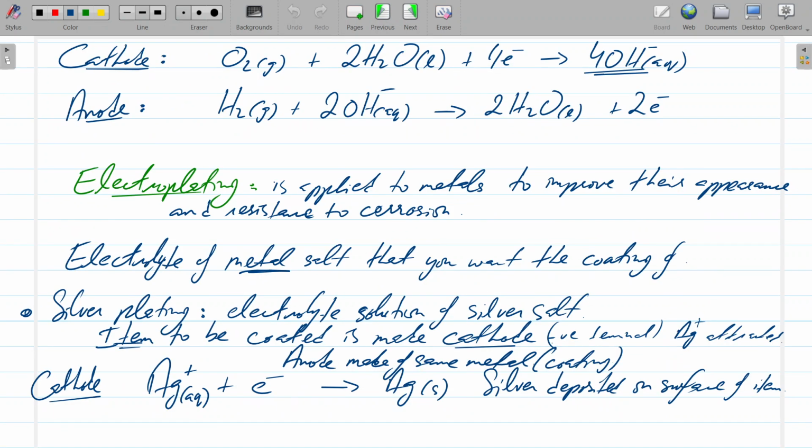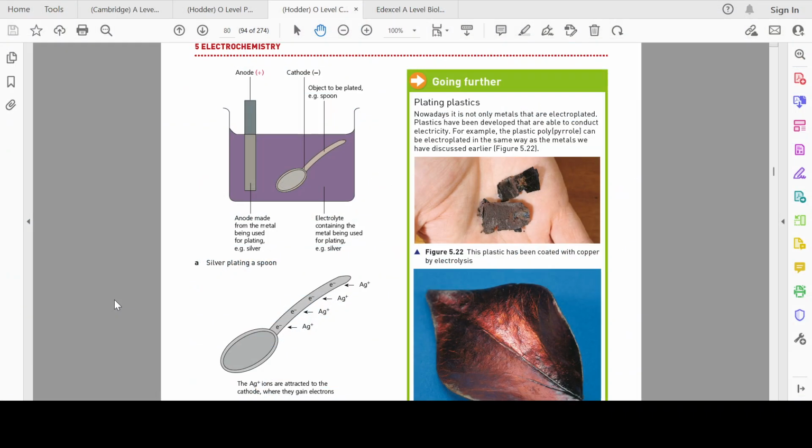If I just show you the diagram of that in the book, that will make it easier, and that will be the end of the chapter as well. So here you see the anode is a chunk of silver that you want to use for the electroplating.